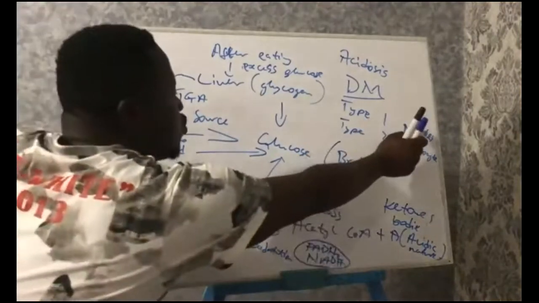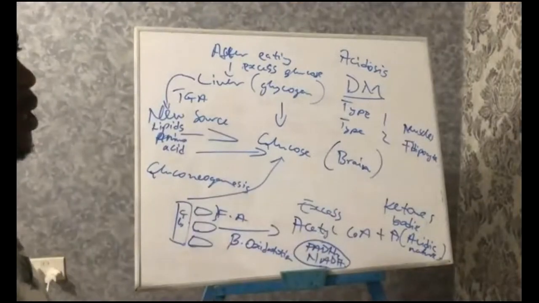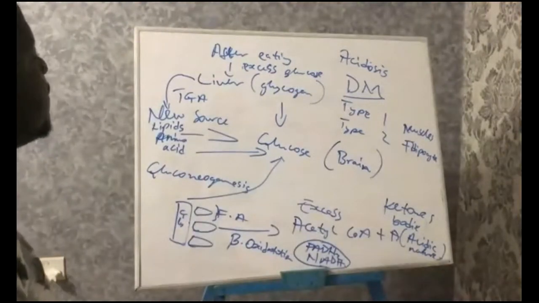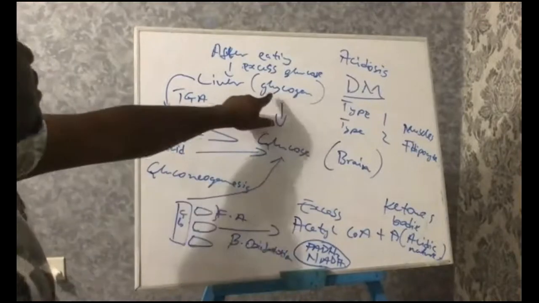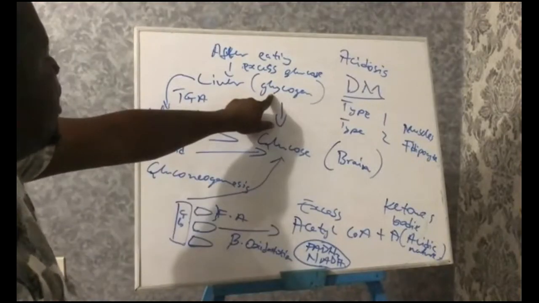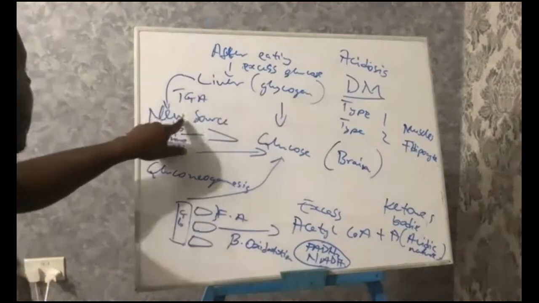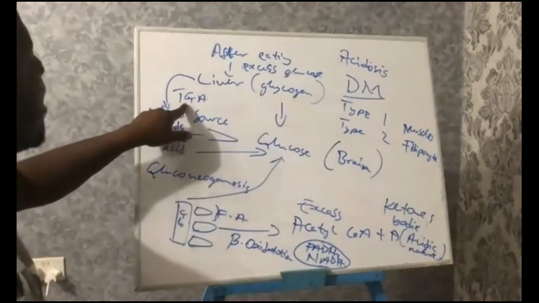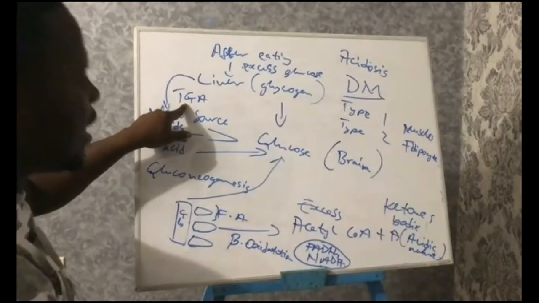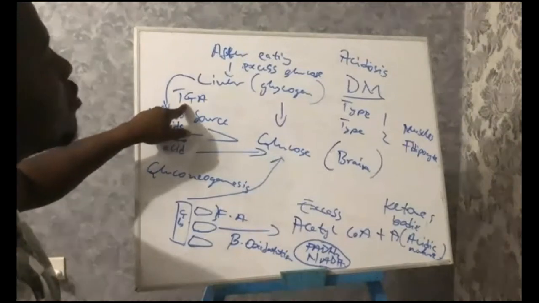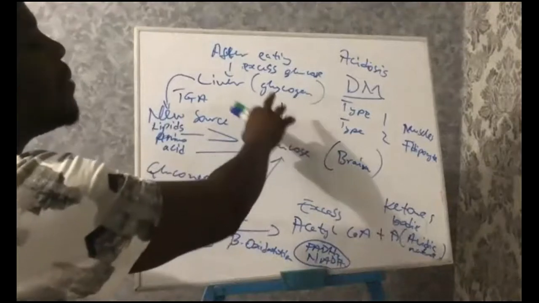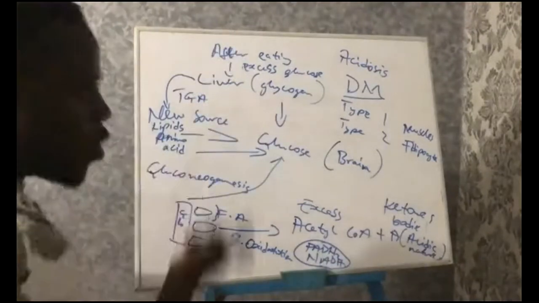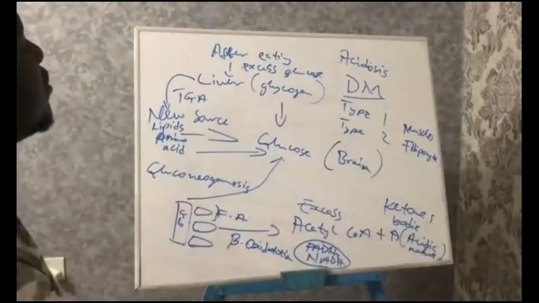And most of it will go into the muscles. So if we have excess glucose in our blood, the liver will store its own, but the process of triglyceride formation will not occur, nor will muscles using the glucose. So after the liver has stored the amount of glucose that it can store, the rest will still remain in the blood.